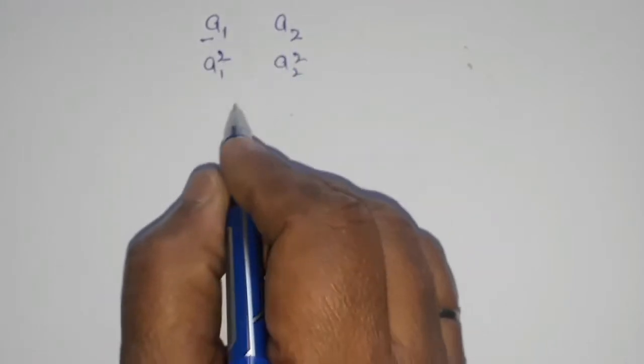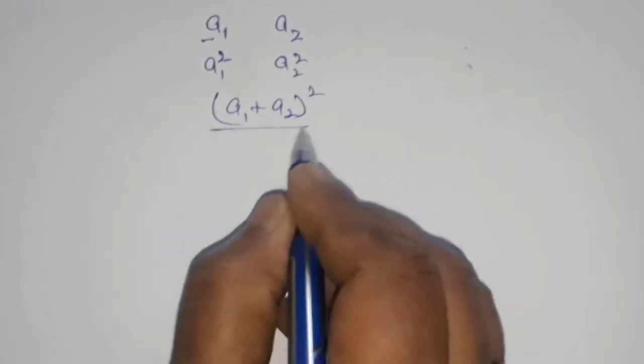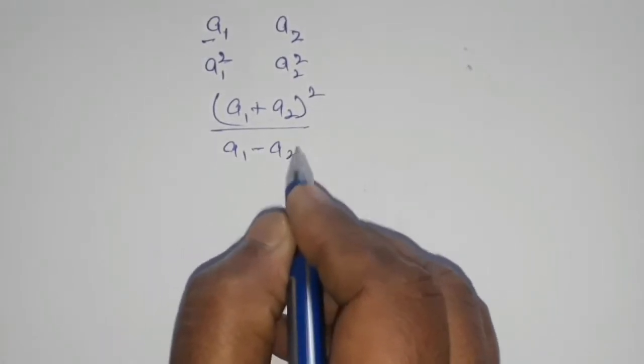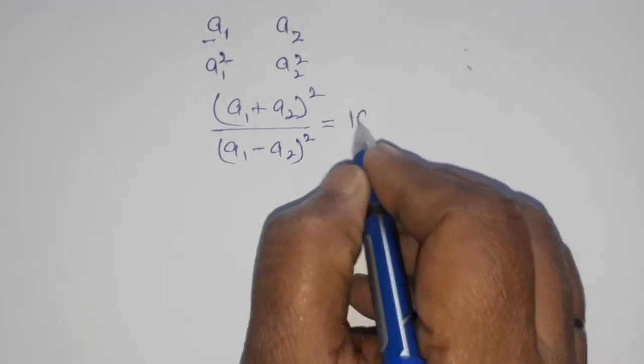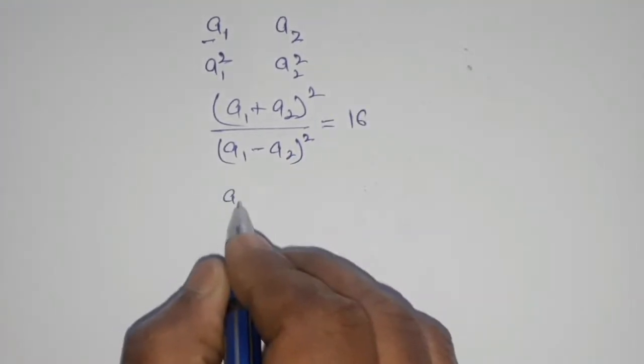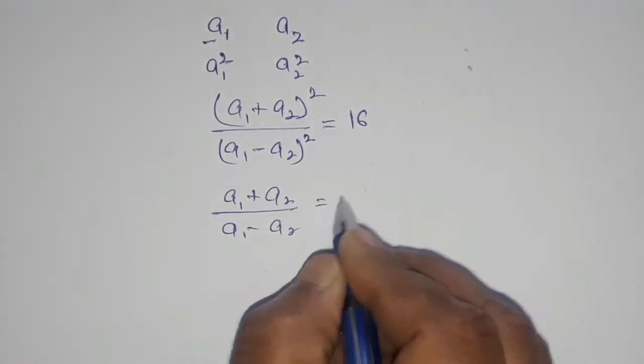The maximum intensity is (A1 plus A2) squared and the minimum intensity is (A1 minus A2) squared, and this ratio is 16.